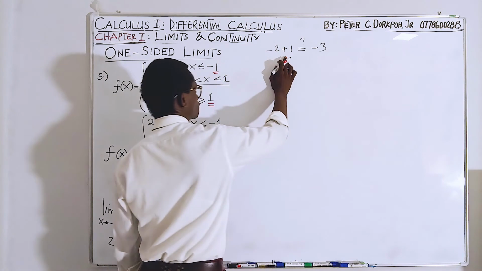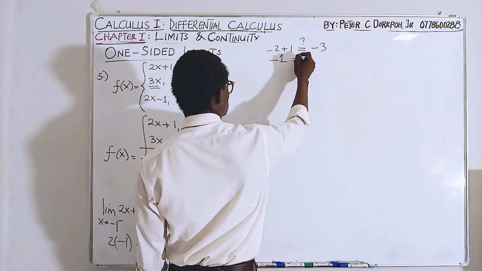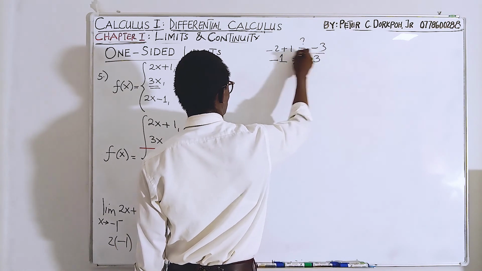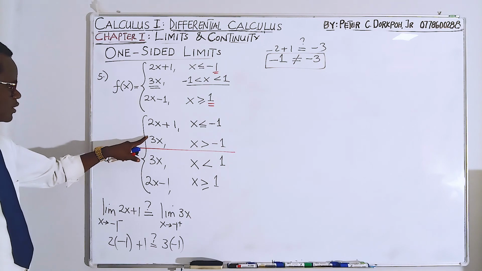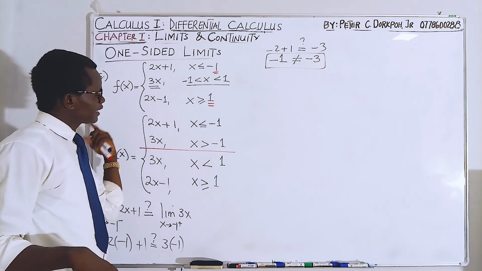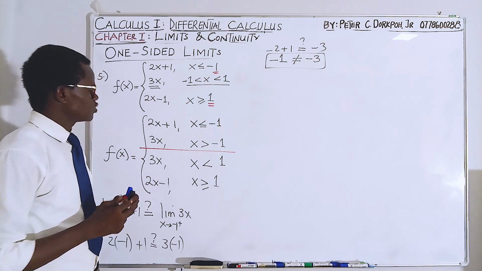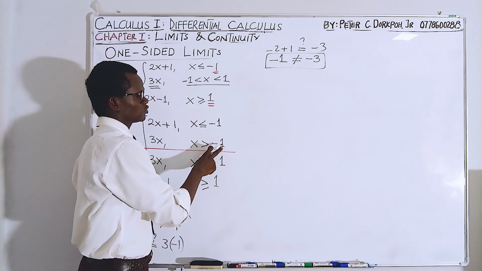So minus 2 plus 1 is minus 1, which is not equal to minus 3. The left hand limit is not equal to the right hand limit. So it means the limit does not exist at x equals minus 1.